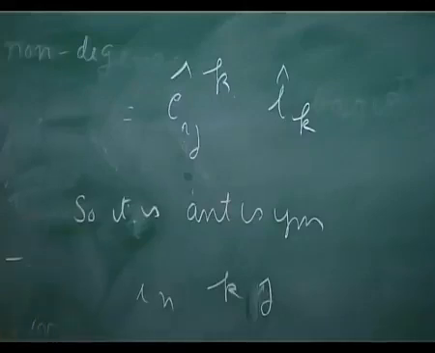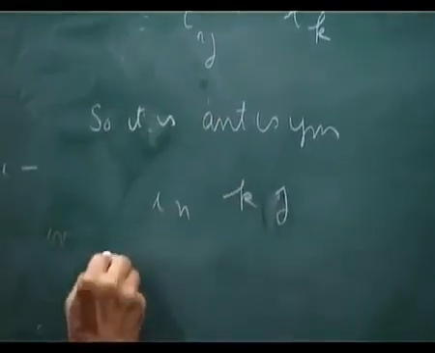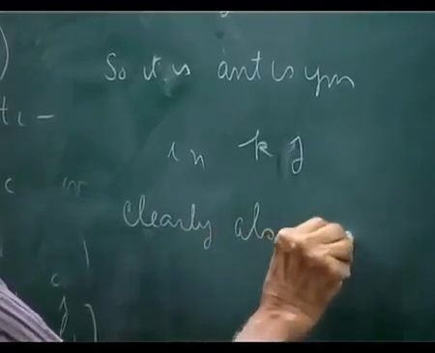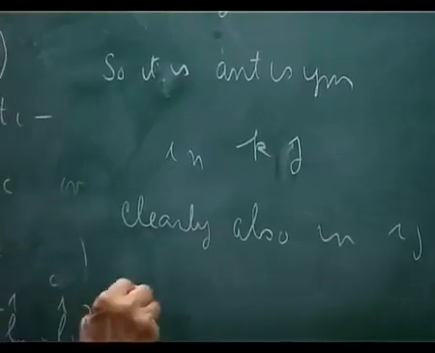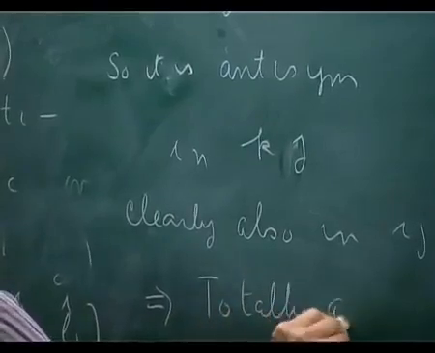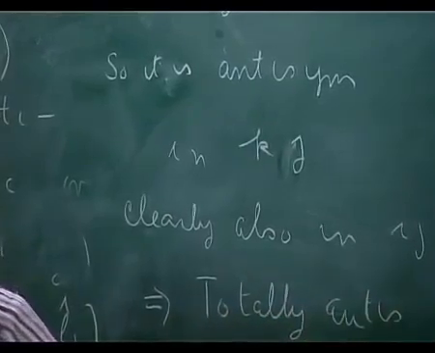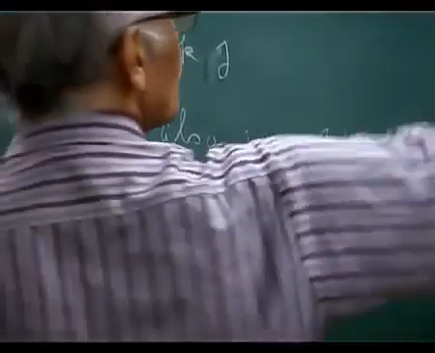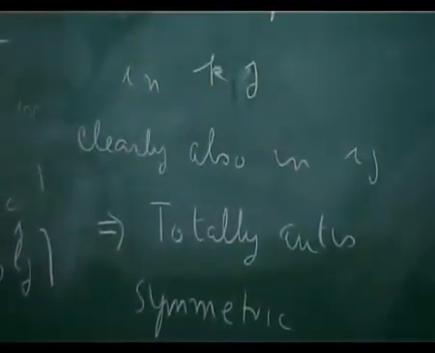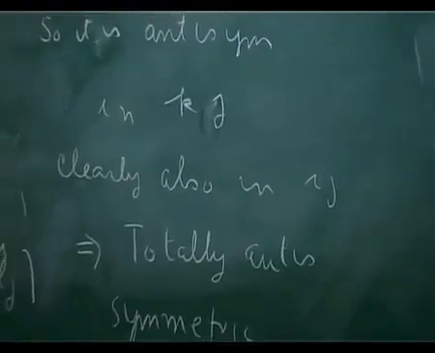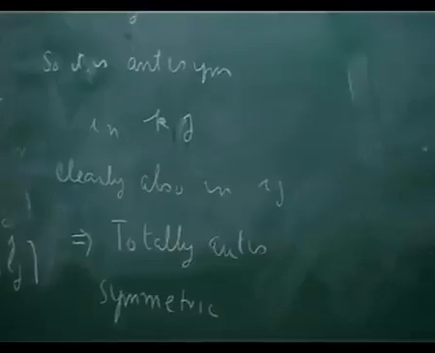But it is also antisymmetric in I j, clearly. So it is totally antisymmetric. The existence of this totally antisymmetric structure constants is necessary and sufficient for the Lie group to be compact.